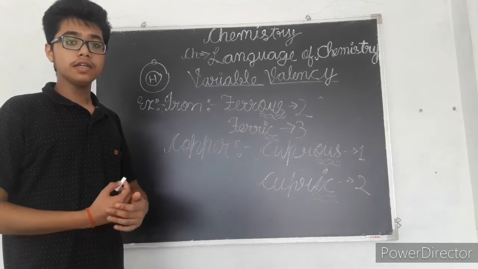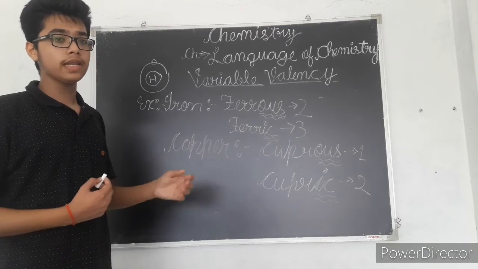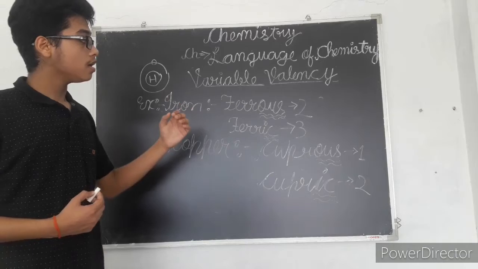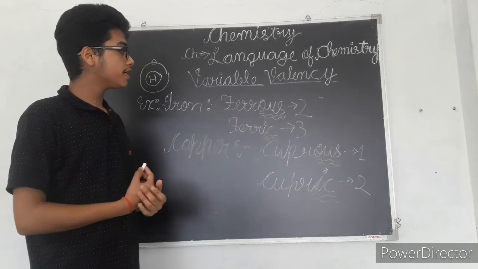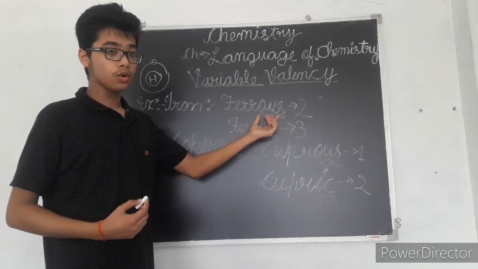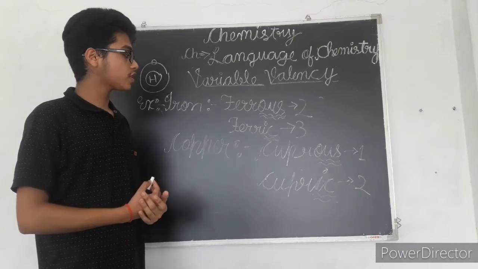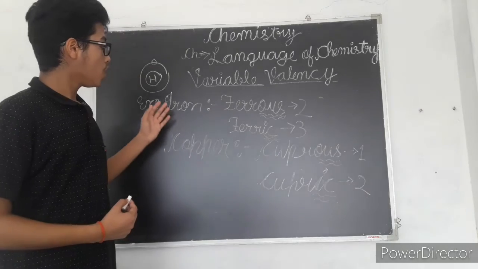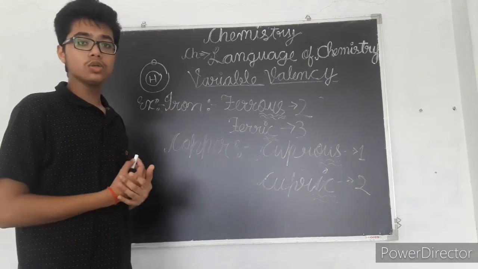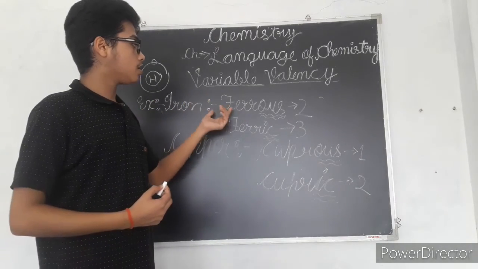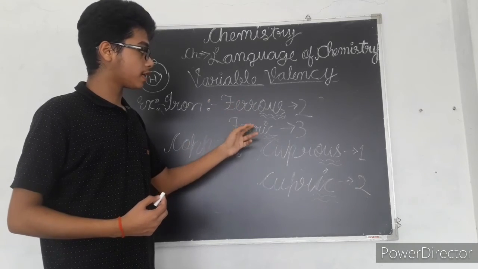If an element exhibits two valencies, then the lower valency is indicated by the suffix OUS and the higher valency is indicated by the suffix IC. So iron exhibits two valencies, one is ferrous and the second is ferric.